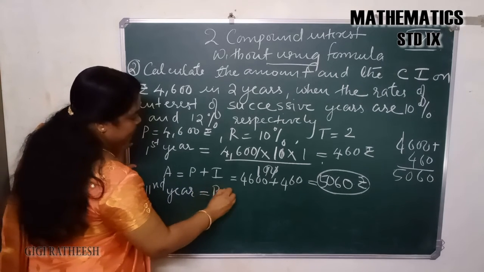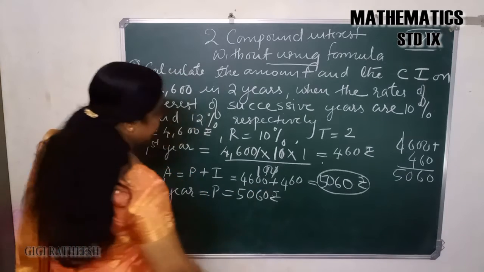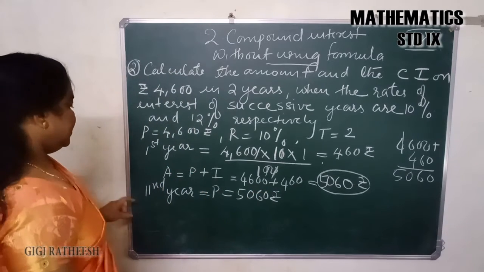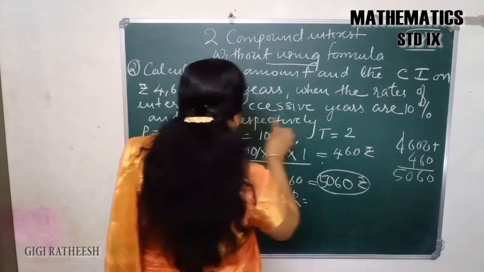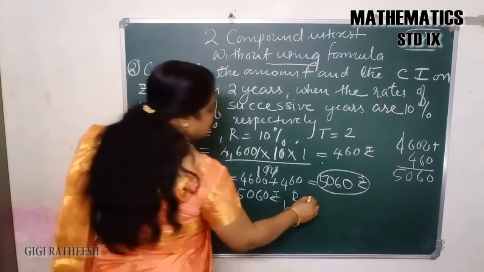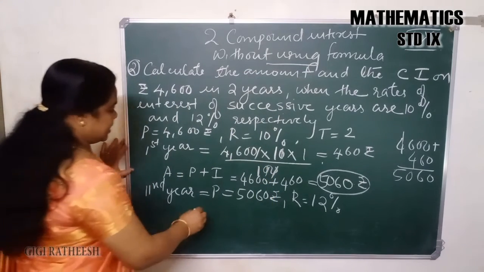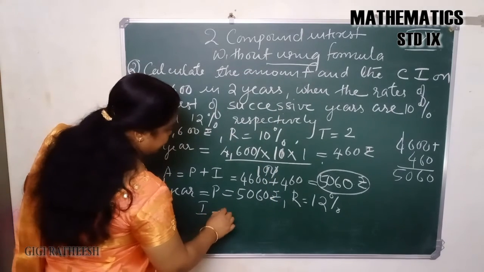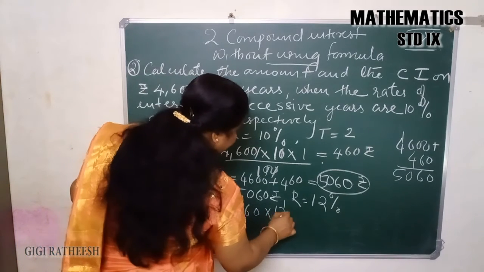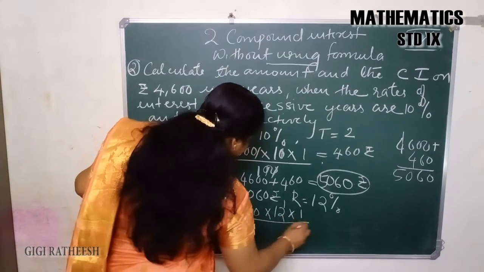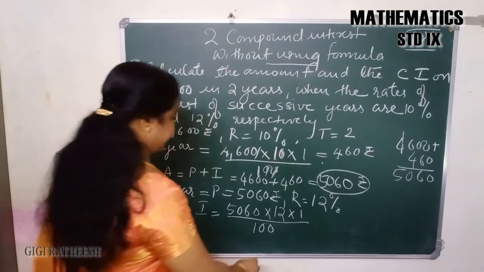For the second year, P is equal to 5060 rupees, and R, the rate, is changing. For the successive year, the second year, it is 12%. Then I is equal to 5060 into 12 into 1 divided by 100.